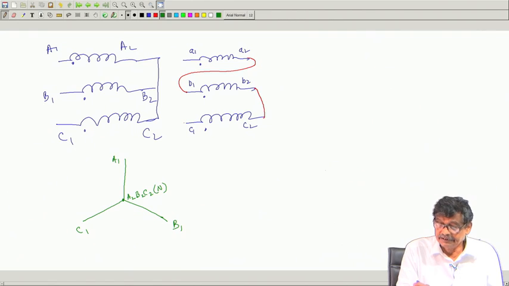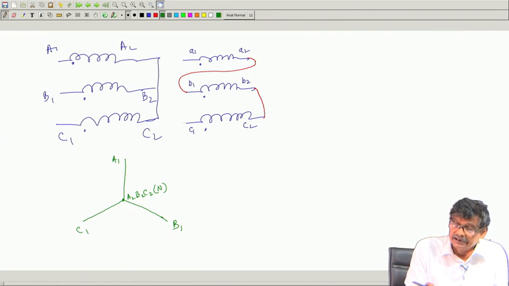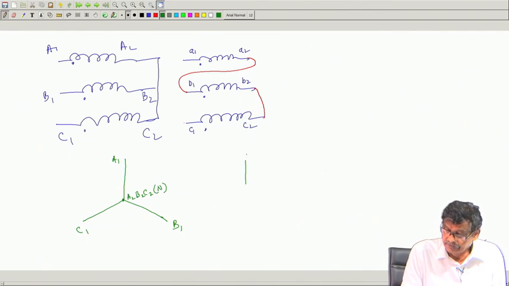On the secondary side, earlier when no connection was made, these three voltages were available to me. One was A1, A2, another was B1, B2. It is conditioned by the primary voltages. This is C1, C2, and they are in isolation.